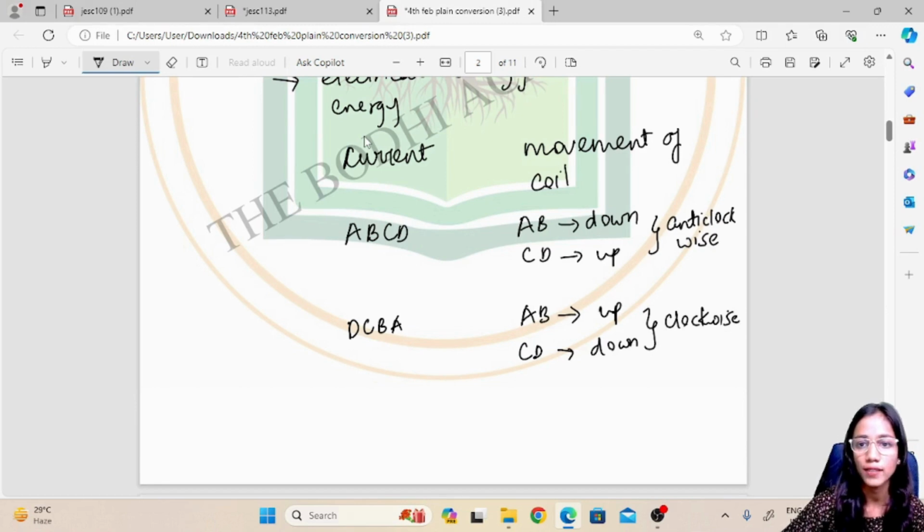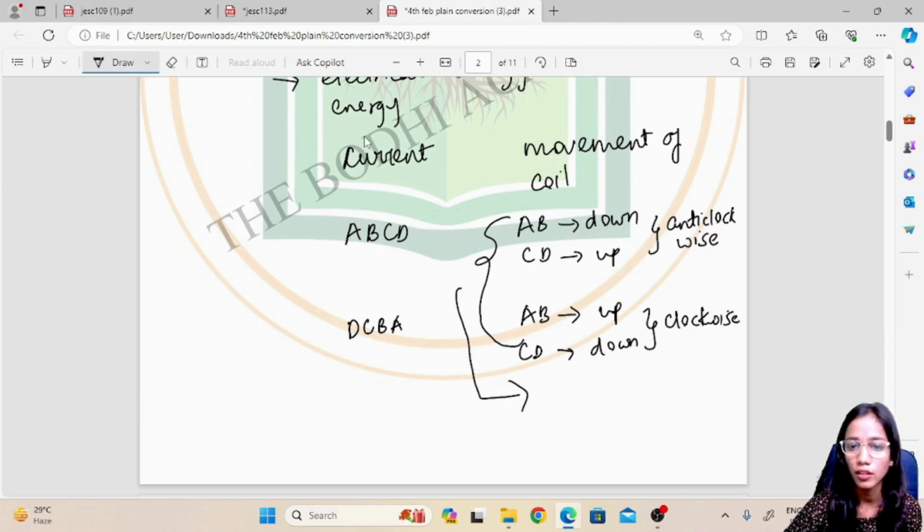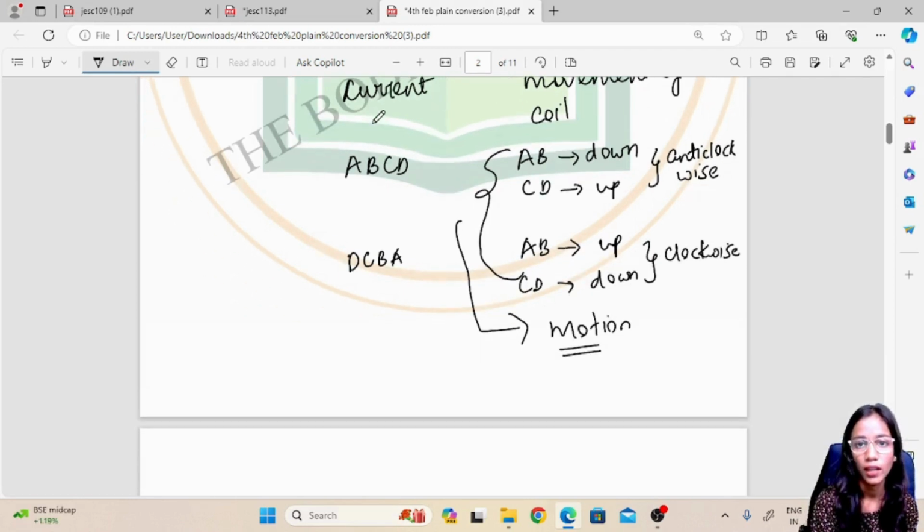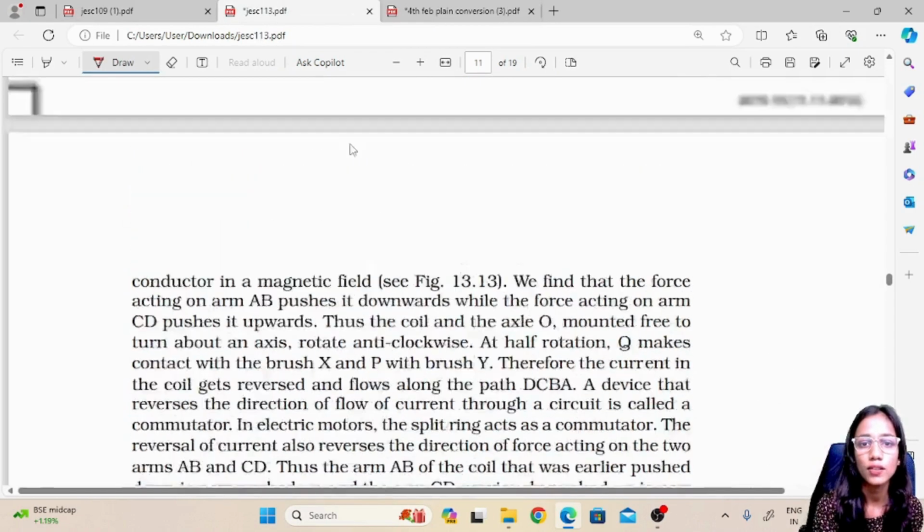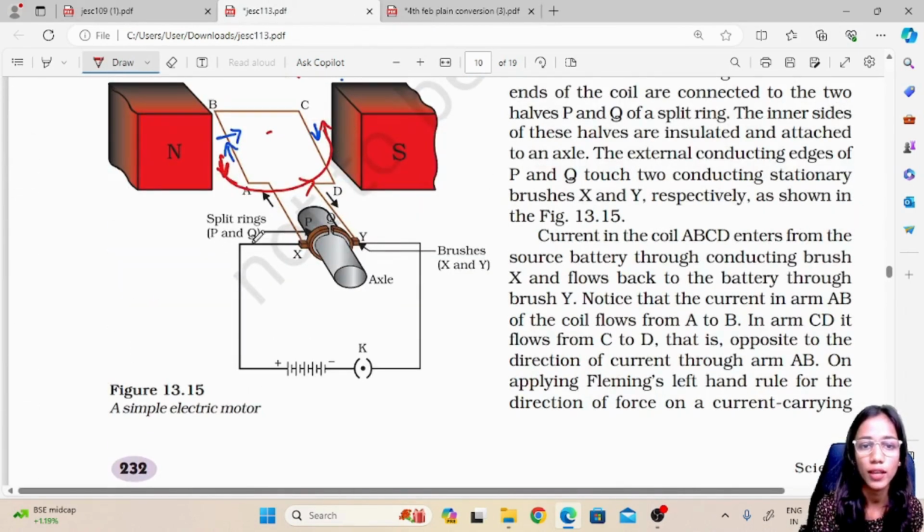This clockwise and anti-clockwise together helps in the motion, which converts the electrical energy to mechanical energy in the electric motor. Now why does this become clockwise? This is because the split rings reverse the flow of the current. If there was no reversal of the flow of the current, then there would not be a change in the motion.